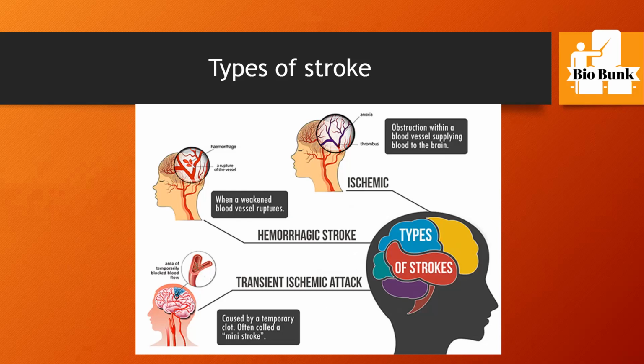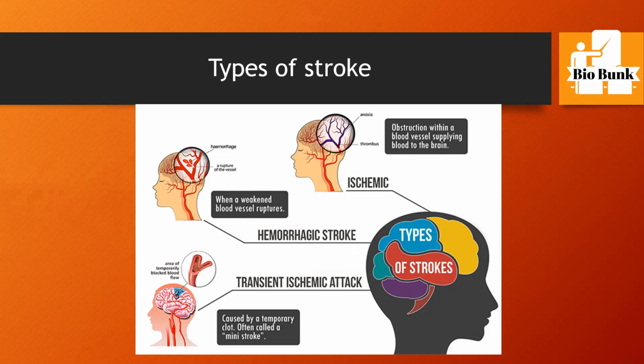So that is a transient, that's a mini stroke. It's giving you a sign that a major one may occur. So prepare yourself or treat yourself with the drug so that this type of stroke is not going to come back. So this is how a mini stroke is giving you signs and signals to avoid the major attack.